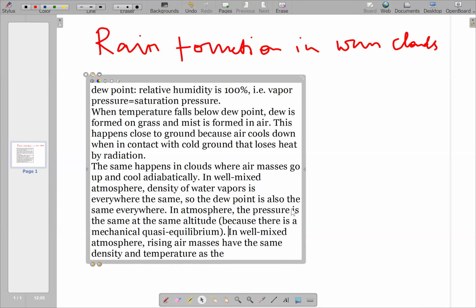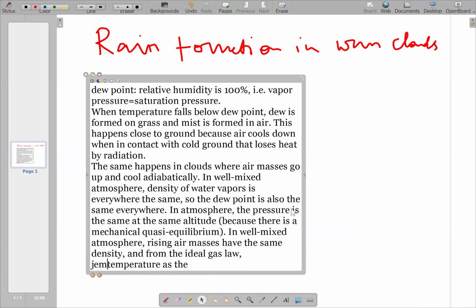Now, in a well-mixed atmosphere you have the same density of air, from the ideal gas law, hence the same temperature at the same altitude.